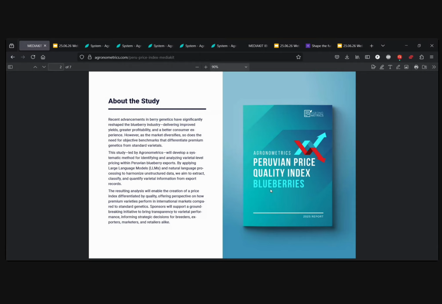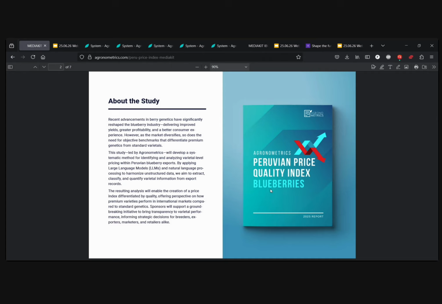So it's natural language processing. We take that raw text, which is handwritten by a person, and clean it up and structure it so that we're able to look at it by exporter and at the resolution of the data that we have available, where variety is available, we'll be able to identify that and use that.